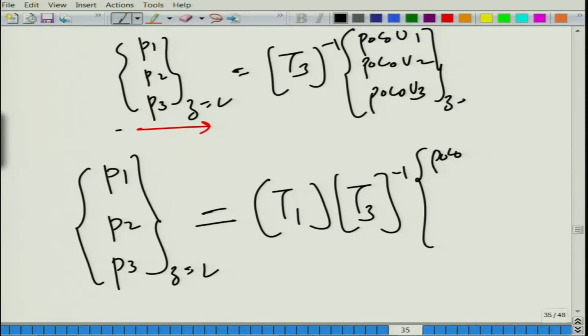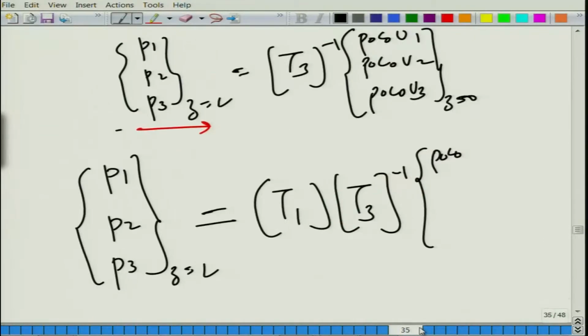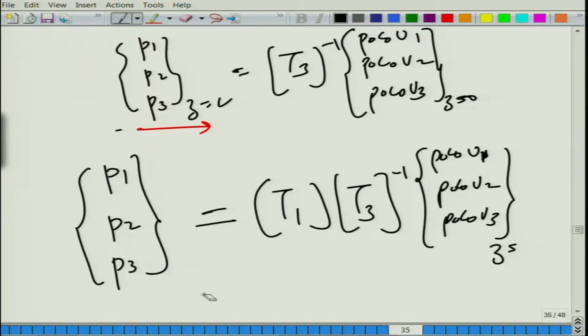This was at z equal to 0, is it not? Because if you recall, this was at z equal to 0, and so U1 at z equal to, so this was at z equal to 0, my mistake.